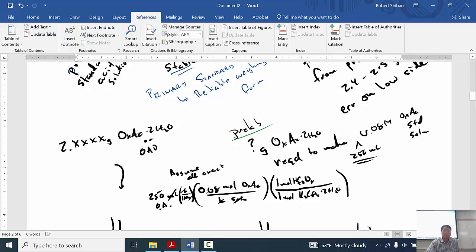Oh, I have this backwards though, because when I form my oxalic acid solution, it's just pure oxalic acid. And so this means that for every 1 mole of pure oxalic acid, H2C2O4, I need 1 mole of oxalic acid dihydrate, H2C2O4·2H2O.